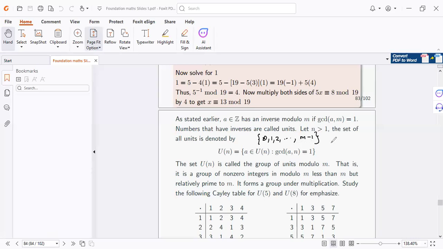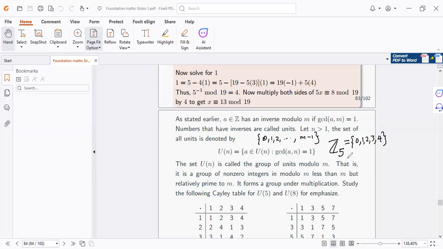For example, when I talk of Z mod 5, how many elements does this group have? This group has elements 0, 1, 2, 3, then 4. They go up to 5 minus 1.